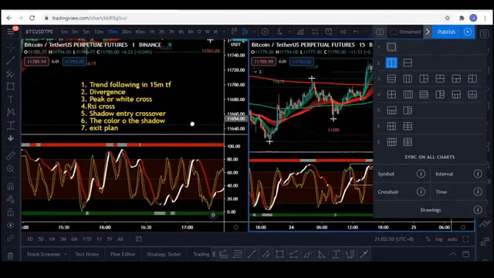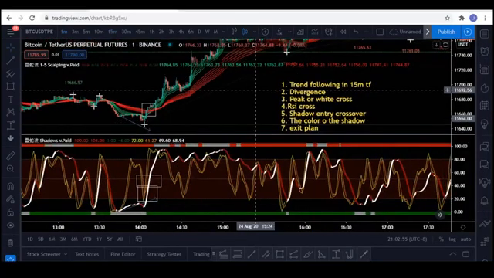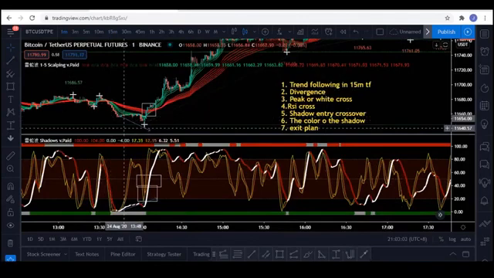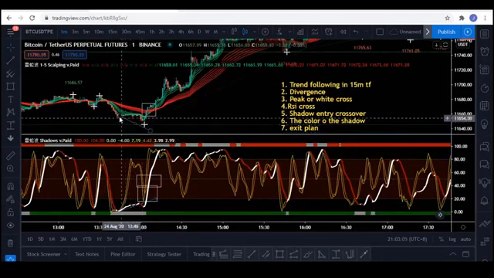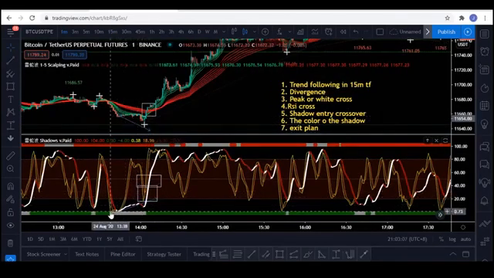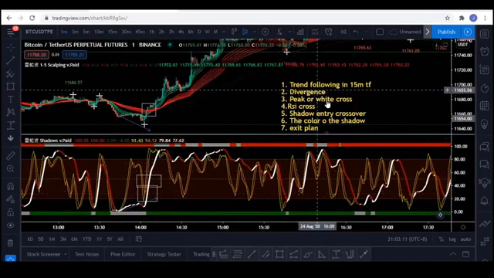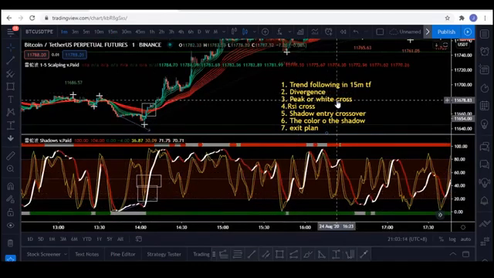Okay, so from here, our first criteria, trend following 15 minutes. 15 minutes is bullish, so we are going to buy up. Then second criteria is our divergence. We already plot our divergence: price action going down, and then the oscillator is going up, so that is a divergence. Next is our peak or white cross.